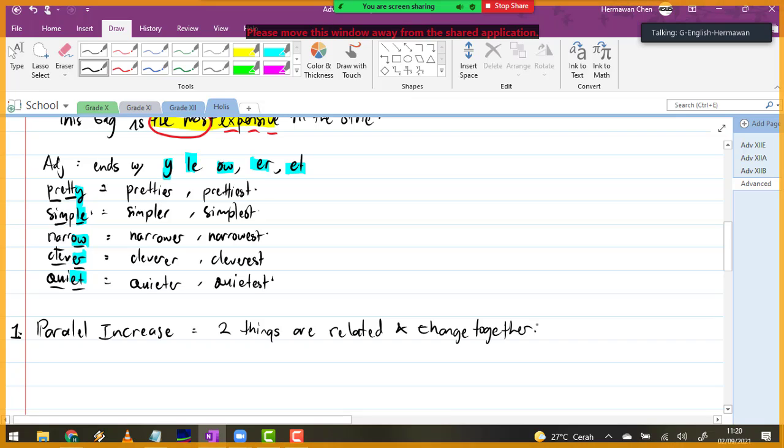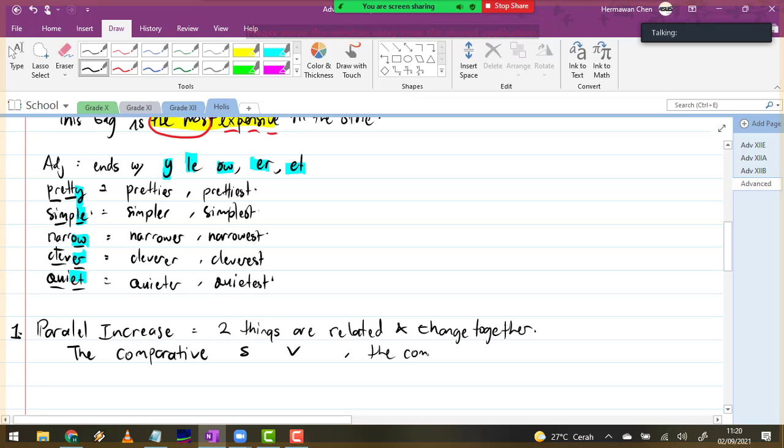Because they are related, when one changes, the other also changes. That's parallel increase. This is the pattern, guys. The comparative, subject, verb. The comparative, subject, verb.